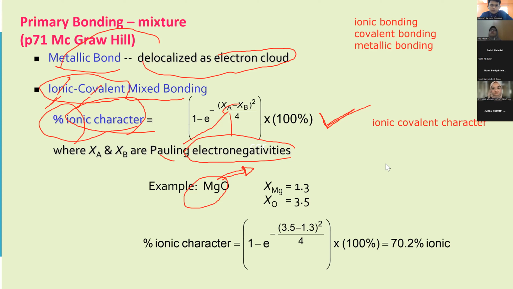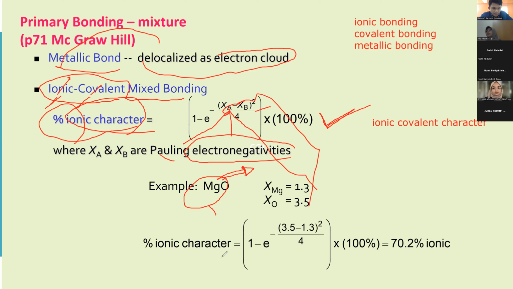Now we calculate the ionic character in magnesium oxide. With this equation, the electronegativity of magnesium is 1.3, substituted over there, and the electronegativity of oxygen is 3.5.